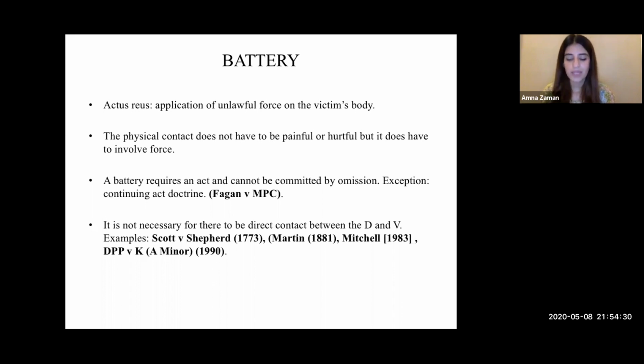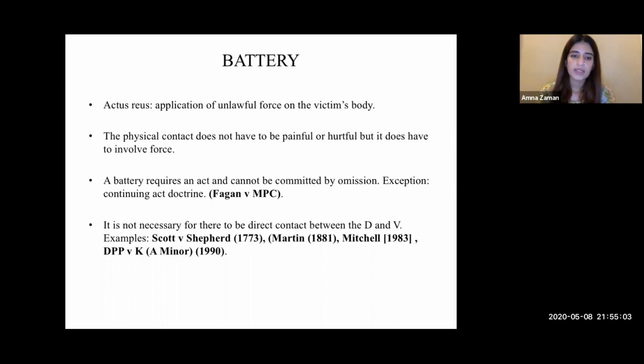And then mens rea later existed, and the combination of the two, actus reus and mens rea, amounted to battery. So the continuing act doctrine seems to be an exception to the fact that a battery requires an act. Because in such cases, the court is not prepared to consider your failure to act as an omission, but would rather think of it as a continuing act.